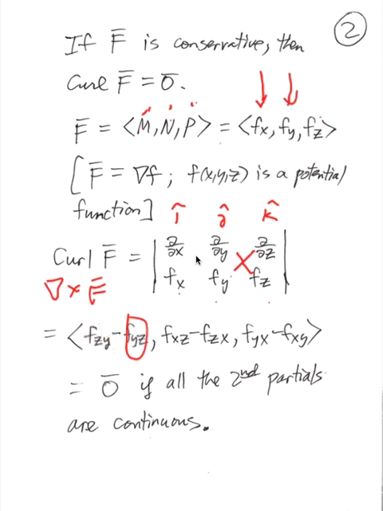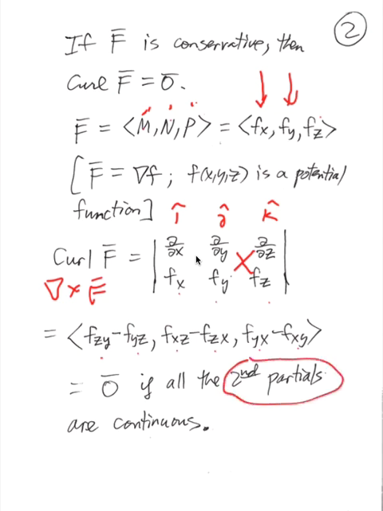And take a look what we end up getting here. I've got f sub zy minus f sub yz, f sub xz minus f sub zx, f sub yx minus f sub xy. What are those going to be equal if all these second partials are continuous?